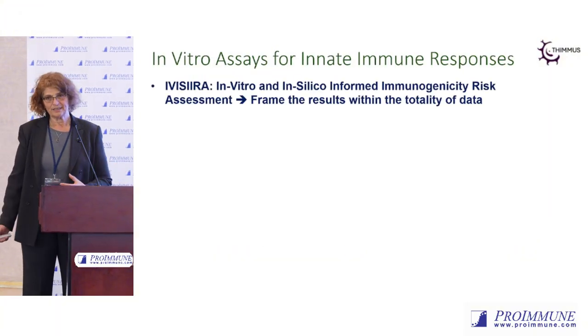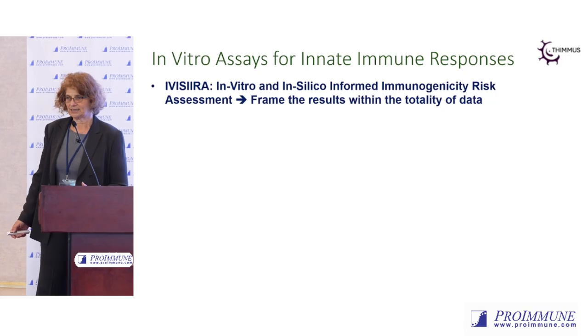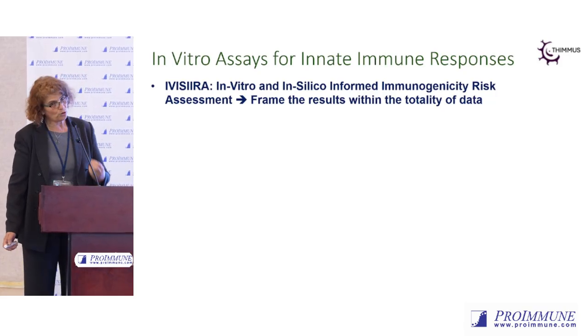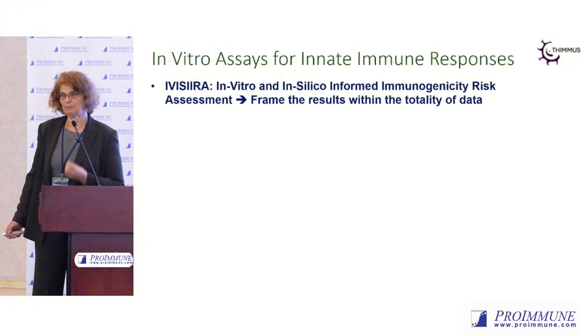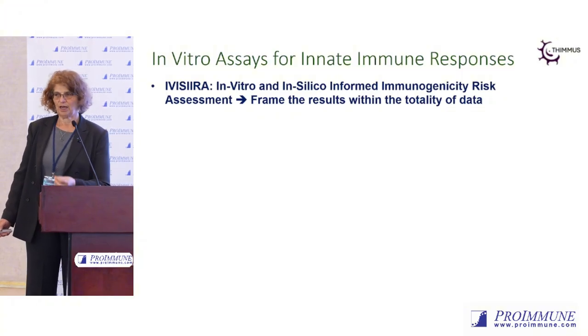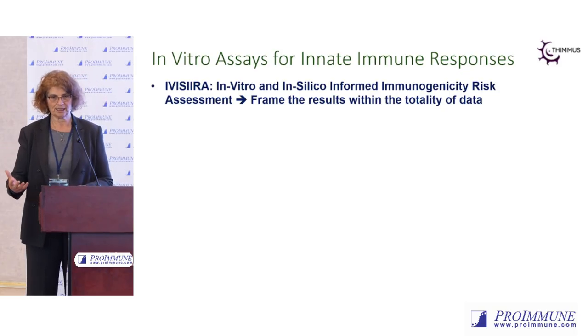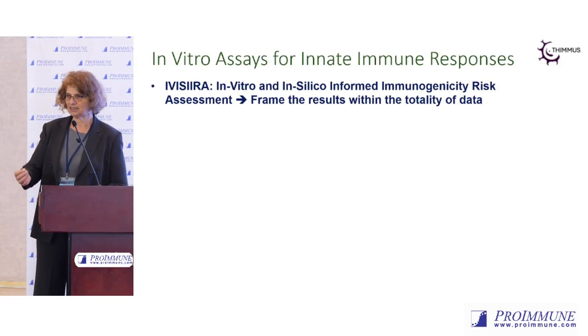So once again, in vitro and in silico assays can be helpful. They can inform on the immunogenicity risk, but it's just information. We have to look at the results in the context of the whole data set, not an isolated instance.